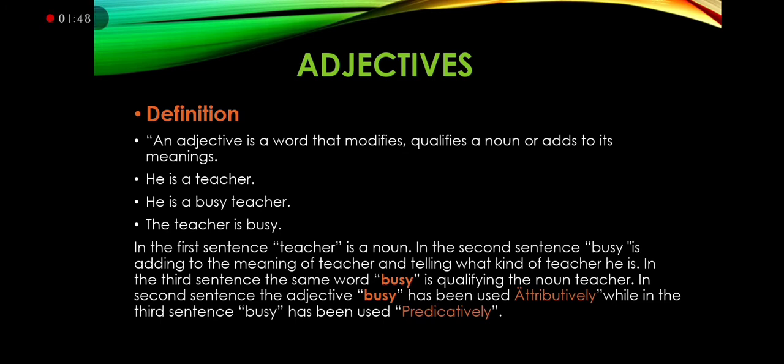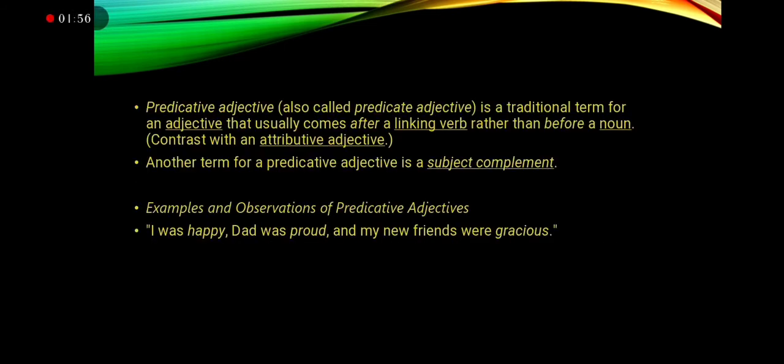Now I'm going to tell you about attributive and predicative before moving ahead. See, a predicative adjective, also called a predicate adjective, is a traditional term for an adjective that usually comes after a linking verb. I have already uploaded a video recorded lecture about verbs and their kinds.